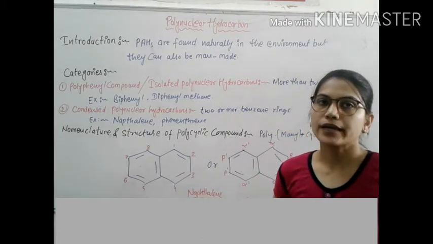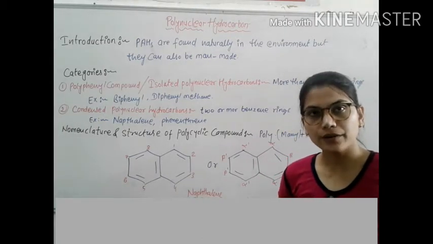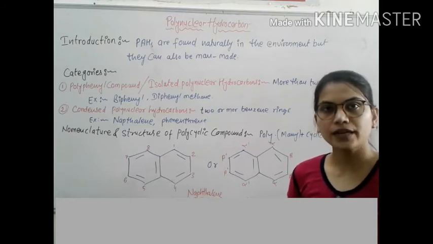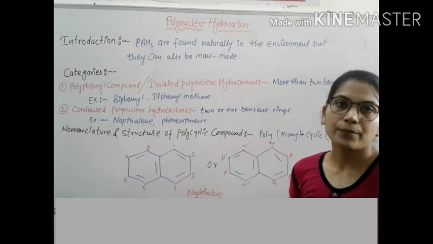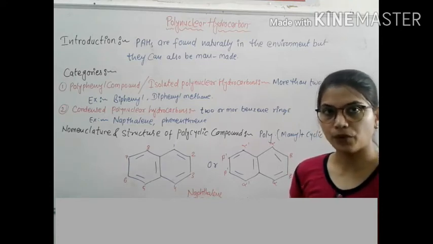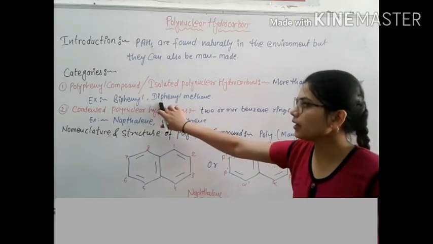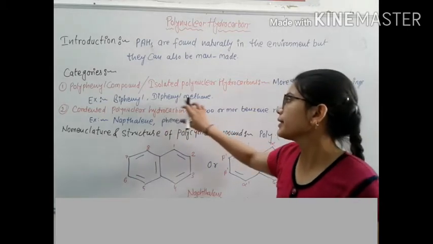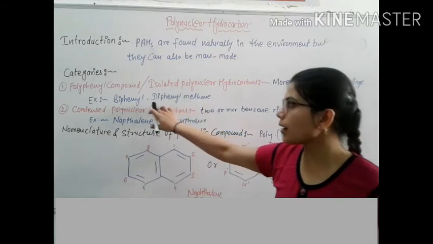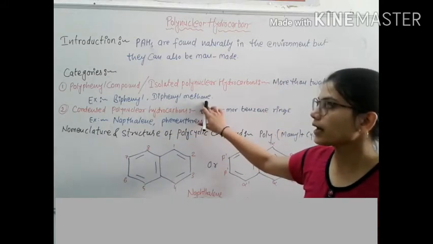Now discuss the polyphenol compound or isolated polynuclear hydrocarbon. These are compounds in which more than one benzene ring are either separate from each other or attached at only one point. Examples are biphenyl, diphenyl methane and triphenyl methane. All are examples of polyphenol compound.